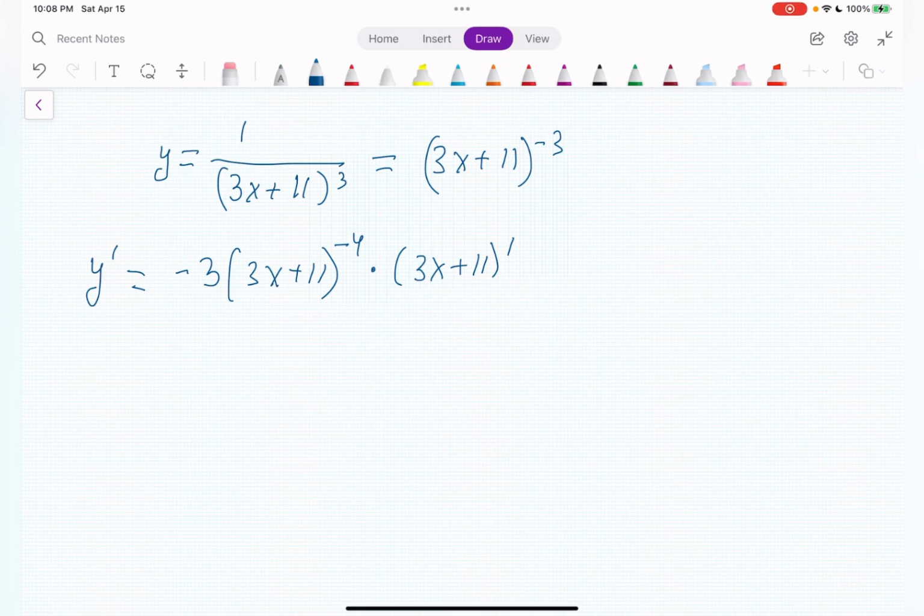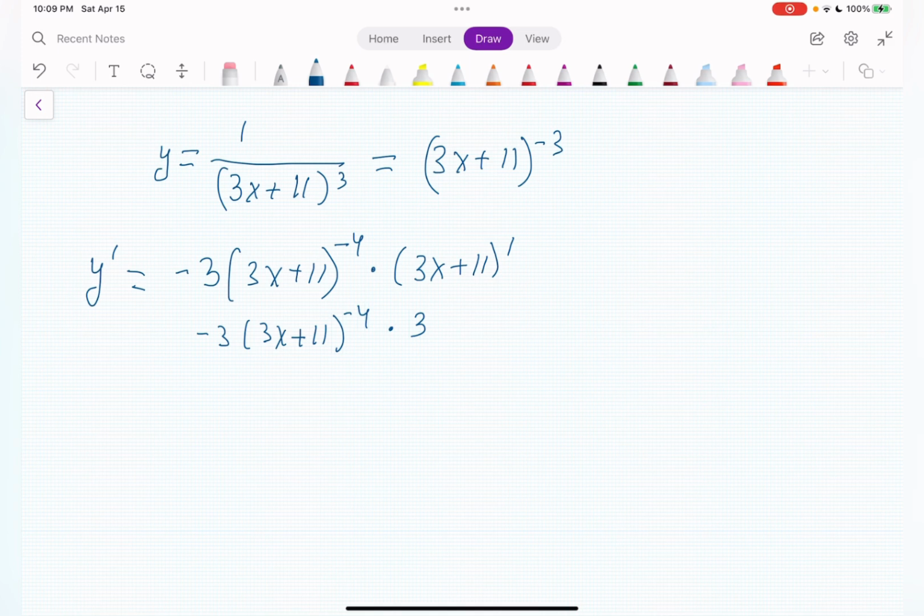That gives negative 3 times 3x plus 11 to power negative 4, and then times 3, because the derivative of 3x is 3, right? And the derivative of 11 is 0. All right, that's pretty much it.